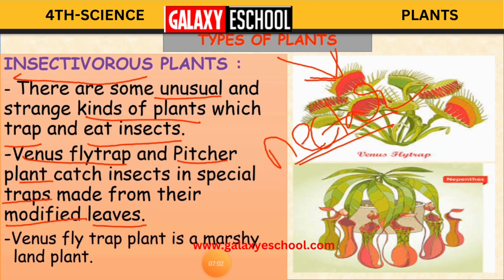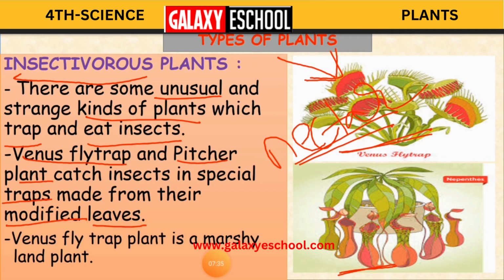So they have a special trap made from their modified leaves. See, here Venus flytrap plant is there, here pitcher plant is there. Because of these leaves specially made or designed like this, which is nature's design, because of these modified leaves, they are able to catch the insect and eat their food.